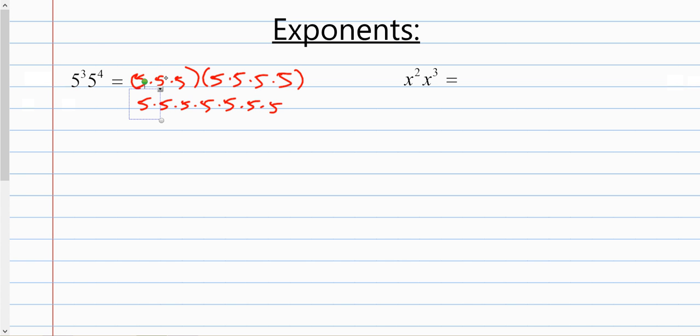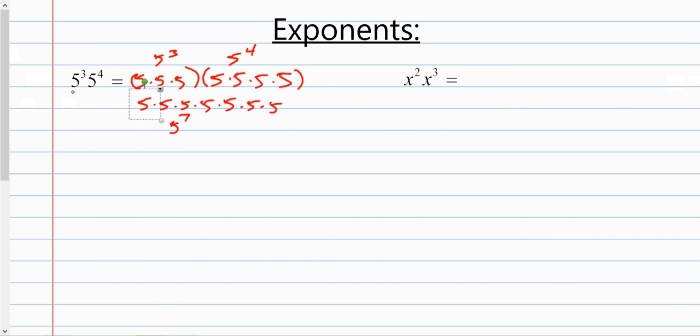I wrote the parentheses in the first place to show the grouping of 5 to the 3rd and 5 to the 4th. But when I'm multiplying, I don't need them, because I multiply everything all together. So if I would like to write this in exponential form, all I have to do is count my 5s. 1, 2, 3, 4, 5, 6, 7. This winds up being 5 to the 7th.